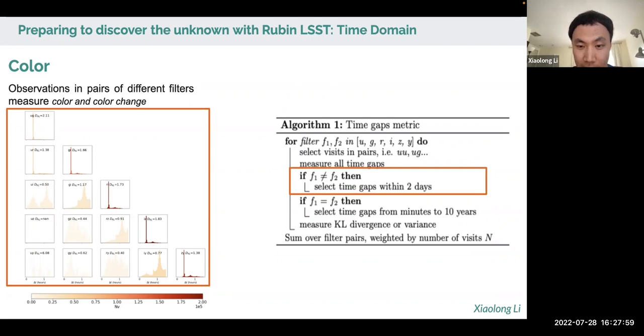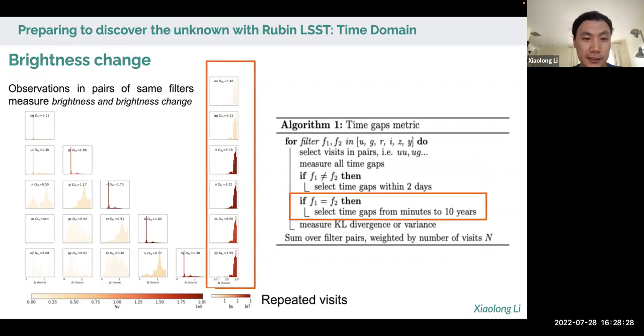And then we measure the similarity between the histogram distribution for each filter pair and the ideal distribution, sum over all filter pairs, and then weight by the number of visits as the figure of merit for color.